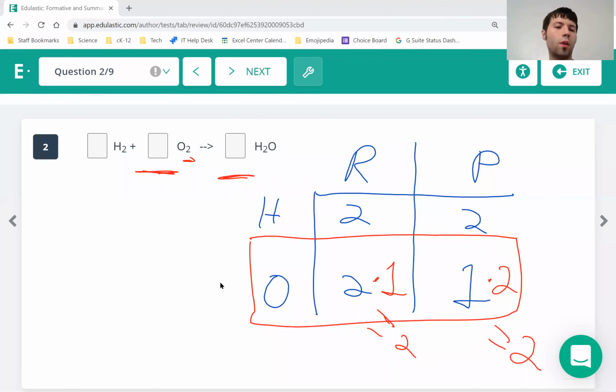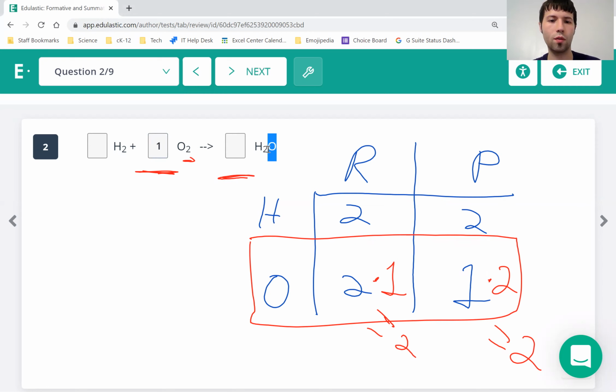So this does not tell me what to put in the blanks. This does tell me how many of each I should have on each side of the equation. So this tells me that on my reactant side, I should have 2. Well, I already have 2. So there's no need to modify this coefficient. I could just type in 1 because I want to keep that 2. On the right side, I should also have 2. So what do I need to make this?